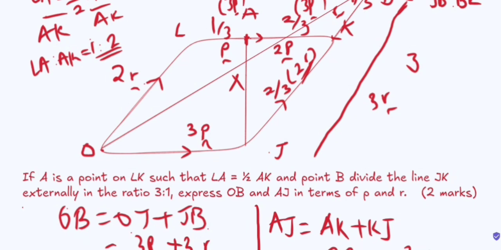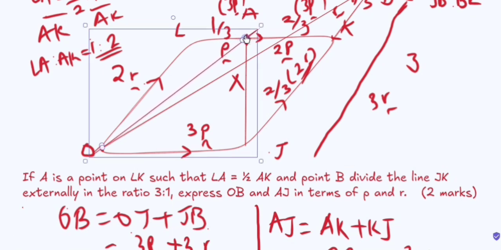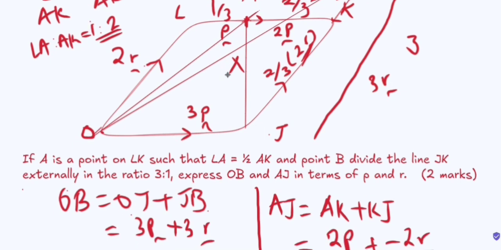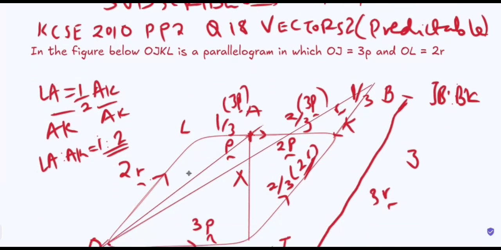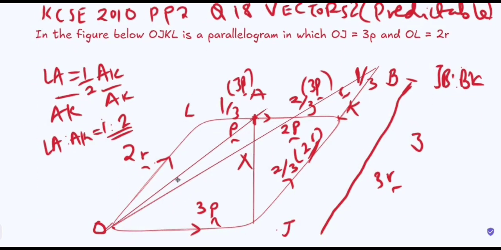Sawa, OA ukichora line ese mpaka hapa. Okay, OX equal to, okay, so tulisema OX ni wapata vipi OX, lazima upitie OA plus AX.